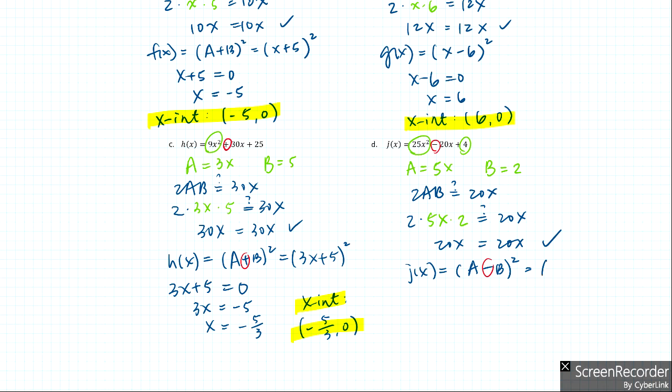This becomes (5x - 2) squared. To find the x-intercept, we use the zero product principle. The only distinct factor we have is 5x minus 2 equal to 0. So 5x equals 2 and x equals 2/5. Therefore, our x-intercept is (2/5, 0).